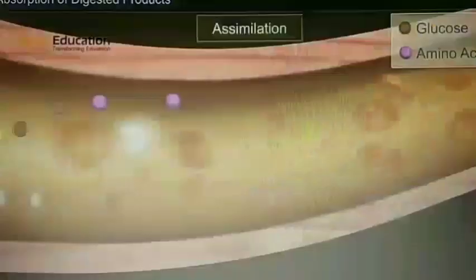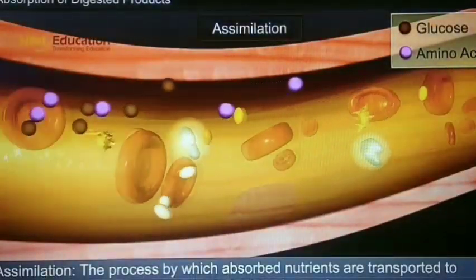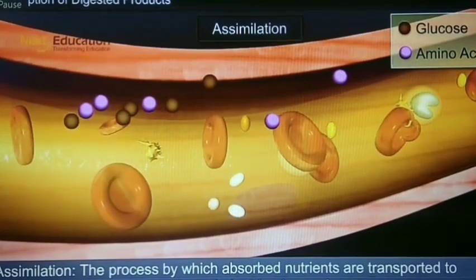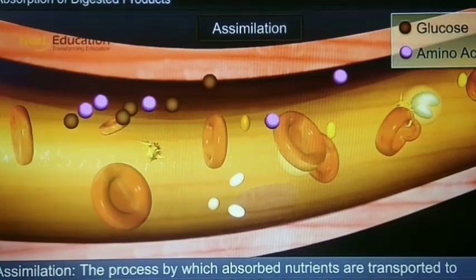Then what happens to these absorbed substances? These substances will be transported to different tissues of the body through the blood vessels. And when they reach the different tissues, they either form some other substances which are useful for the body, or some other complex molecules which are useful for the metabolic process.